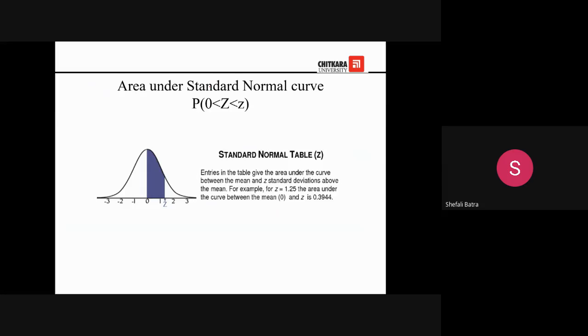Now, area under the standard normal curve. We know that the integral from a to b of f(x) dx represents the area under the curve. So if I say P(Z greater than or equal to 0 and less than or equal to z), and let's say this z has the value 1.25, then ultimately we are integrating from 0 up to 1.25, and that f(x) is for the normal distribution which I displayed in the first slide.